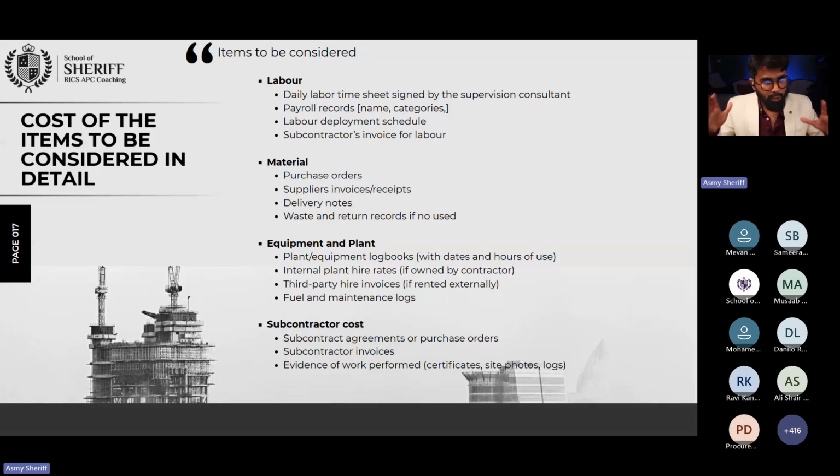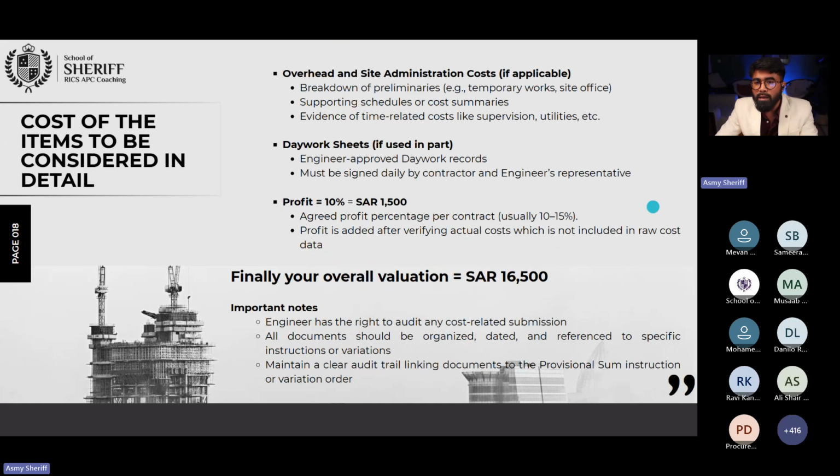Someone appointed to supervise you, get his signature. So if it is any subcontractor cost, ensure that you have an approved contract agreement, invoices, as well as evidence that the work was executed or evaluated.